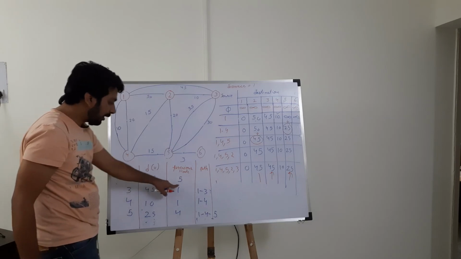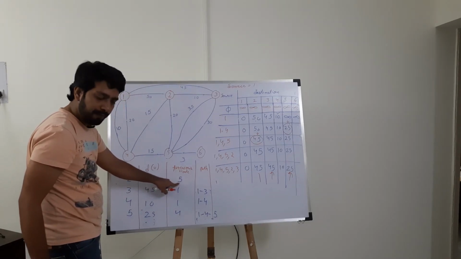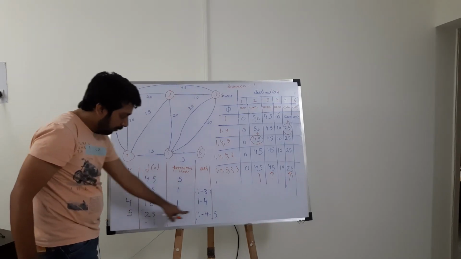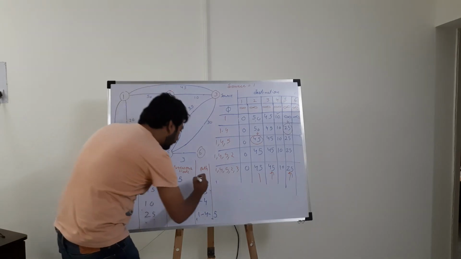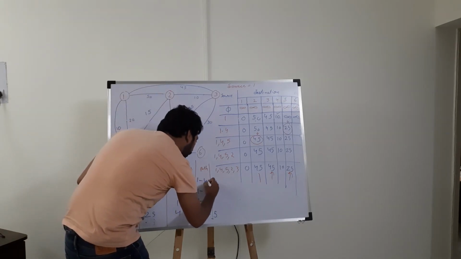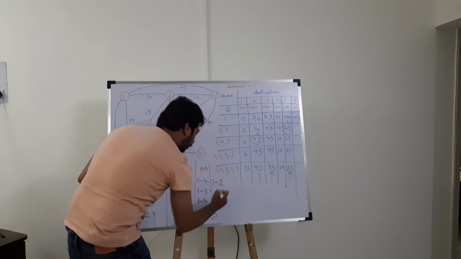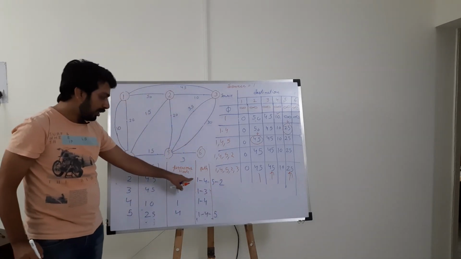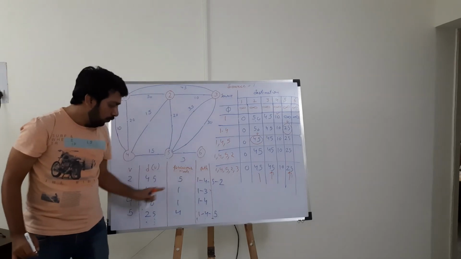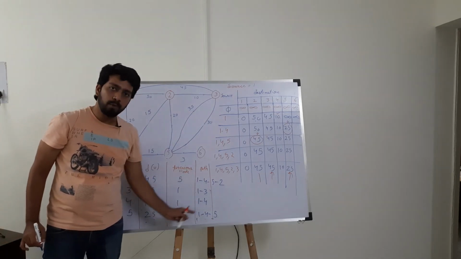Now 2 is connected with previous node 5. For 5 path is 1, 4, 5, and now add 2. So this is the shortest path from 1 to 2, 1 to 3, 1 to 4 and 1 to 5.